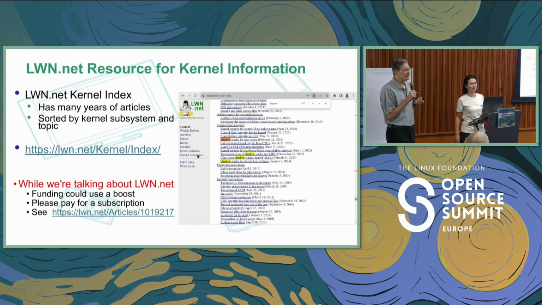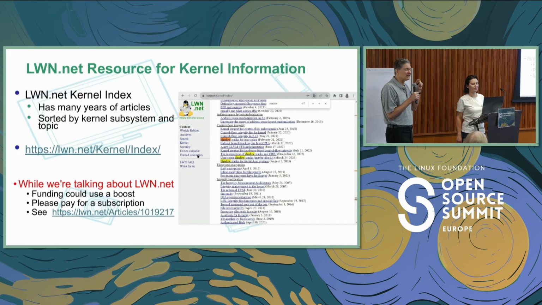While we're on the subject of LWN.net, I'll put out a little bit of a plug here. I have been a professional subscriber for at least 10 years. I don't know when I started. But this is an absolutely invaluable resource for looking up information. And it's surprising how relevant the information is, even when it's old. Some things in the kernel don't change very fast.